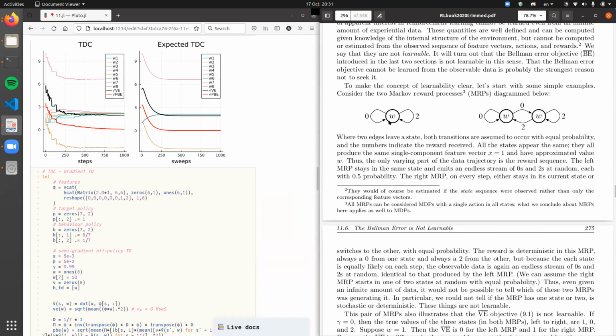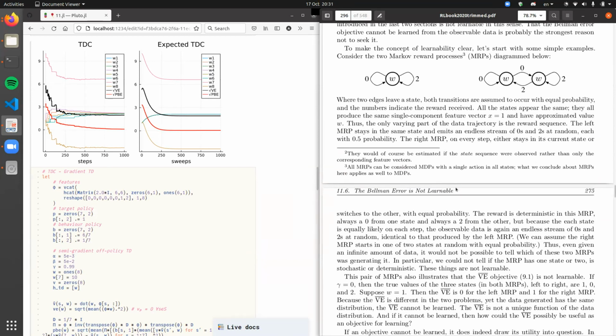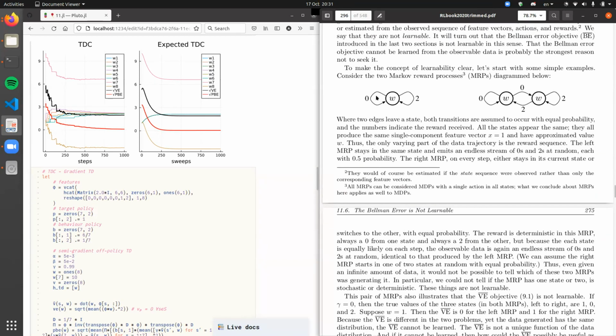And the true value for this state is 1, because we have the transitions with reward 0 and 2 with equal probabilities, right?